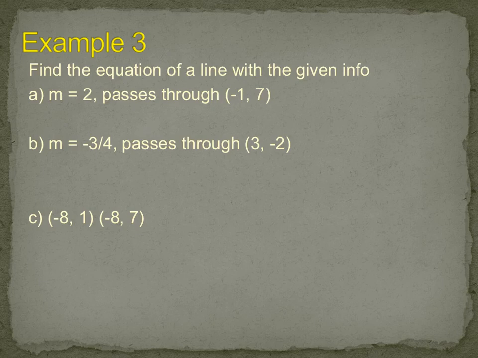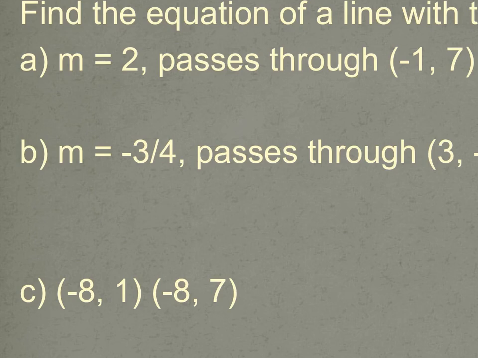So flip it. Last time I gave you the equation and you got information. Now I'm going to give you information and you get the equation. The first one gives you a slope and a point. You can do this 2 ways. My advice is if it gives you a slope and a point, plug it into point-slope form, which is y minus y1 equals m times x minus x1.